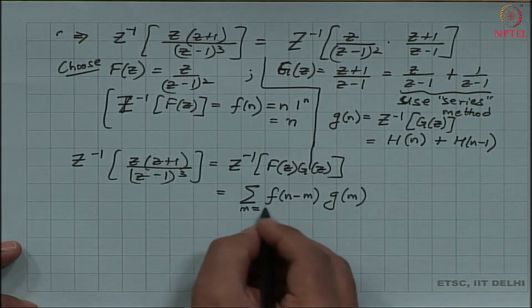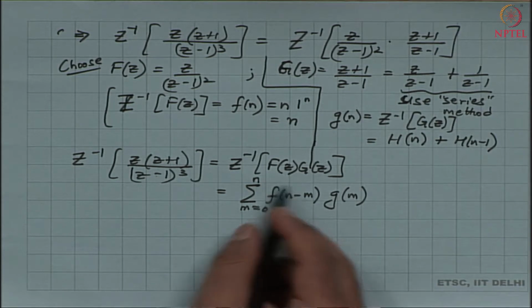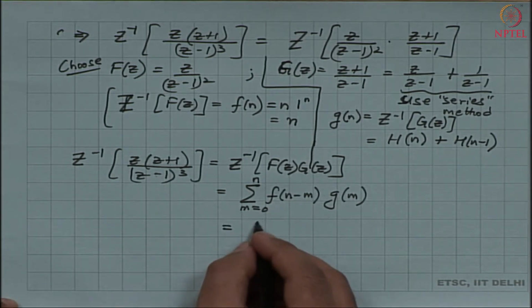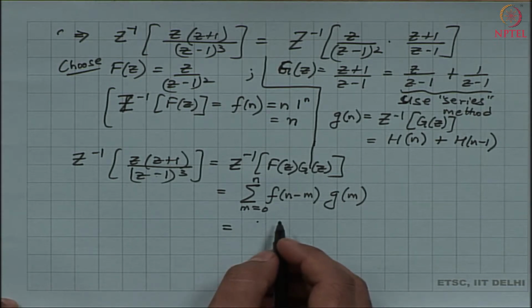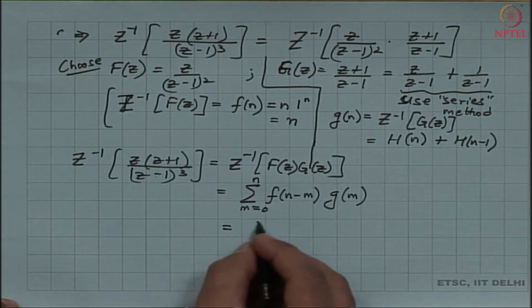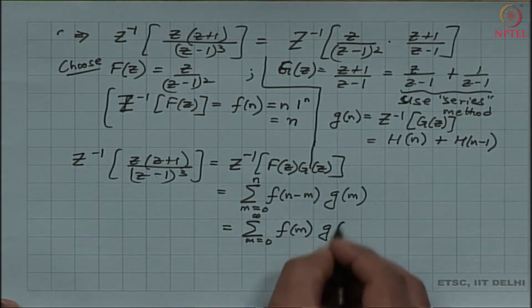Let me reverse my notation here, so this is also equal to the sum over m from 0 to n of f of m times g of n minus m.